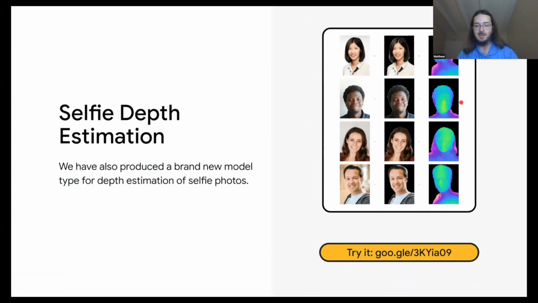You can see this depth map right here. First, the model will segment using one of the image segmentation models I discussed before, and then it will apply the depth map to get the depth map of just the person.